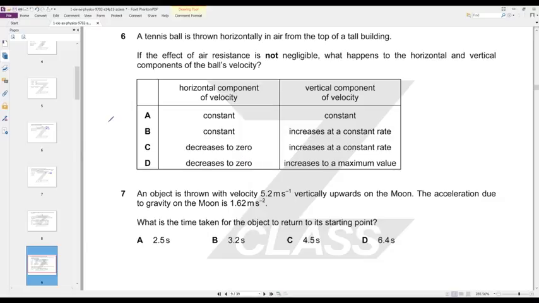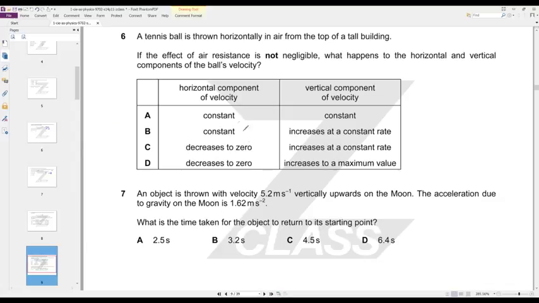A tennis ball thrown horizontally. So if the effective air resistance is not negligible, so this is the unusual, what happens to the horizontal and vertical components? Okay, so they're kind of assuming that it's falling an incredibly long way here. So essentially, they are looking for what is happening after a really long time.